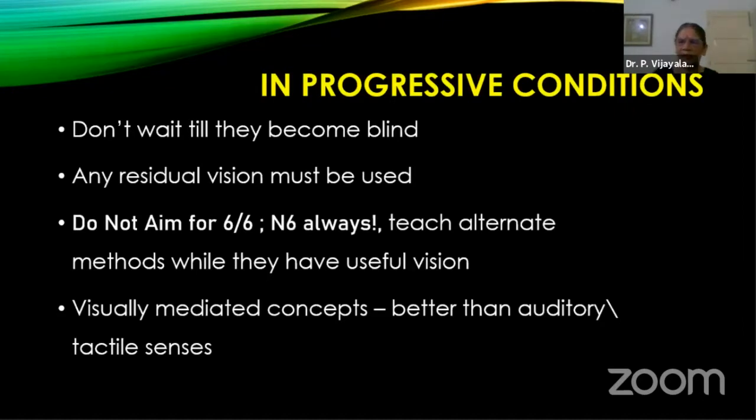And this is one more condition, in progressive conditions. Earlier when we saw RP, we used to ask them to come regularly for checkup and then give them whatever device was possible for that stage. Now we look into the future of these people and try to teach them whatever is possible with the vision they have, anticipating their visual impairment in future by teaching them alternative methods and by preparing them for a future quality life.